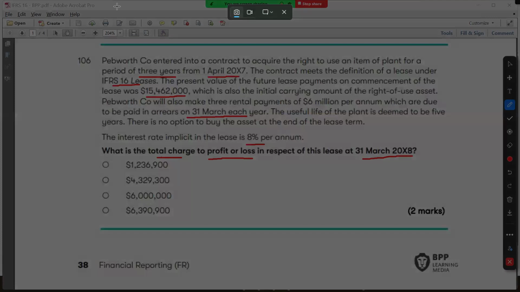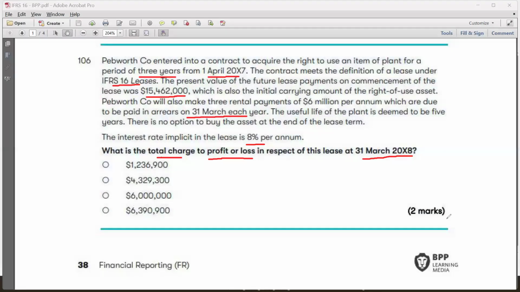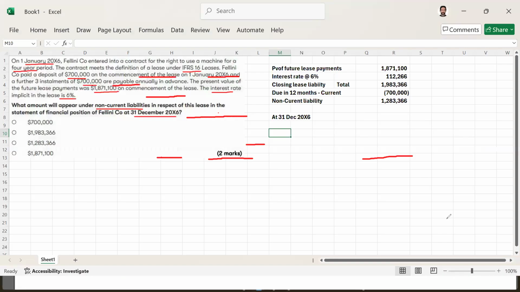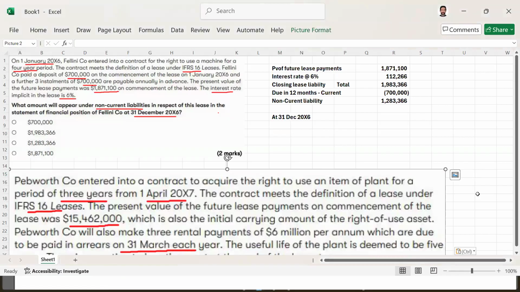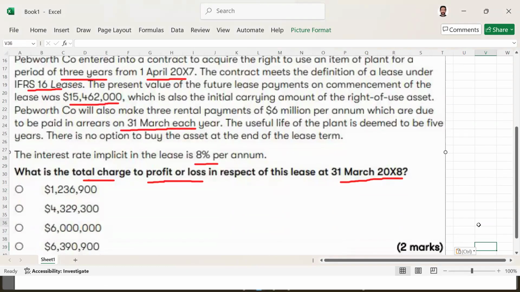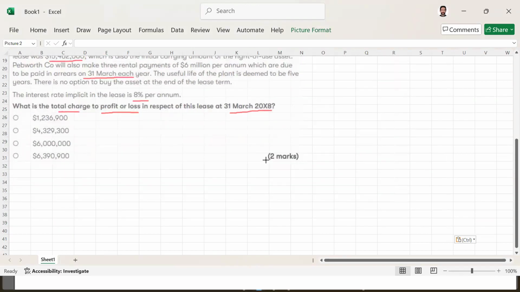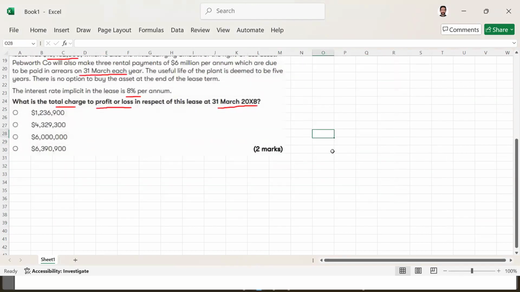So let's get on with it. It seems to be a straightforward one, but it is a question of its own type. We haven't done anything like that. So let's do this one. Okay, so let's paste it here and move on. First of all, we're going to have the interest and then the depreciation charge.